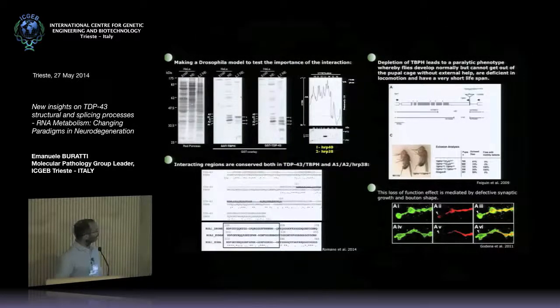The other thing I wanted to say is that Drosophila was an ideal system for us to test this connection, also because, thanks to the work in Fabian's lab, we had some endogenous targets known to be affected by TDP-43. In this case, I'm showing Fuch, the homologue of MAP1B, that we could test for alteration.